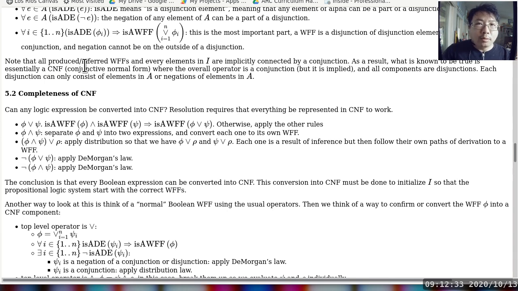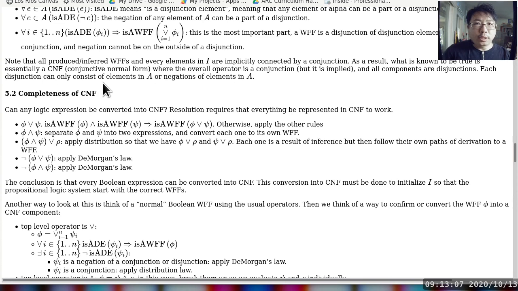Note that all produced inferred well-formed formulae and every element in I are implicitly connected by a conjunction. So everything that is known to be true is connected by conjunctions. As a result, what is known to be true is essentially a CNF, where the overall operator is a conjunction, which is the last operator, the topmost operator, and all components in the conjunction are themselves disjunctions.